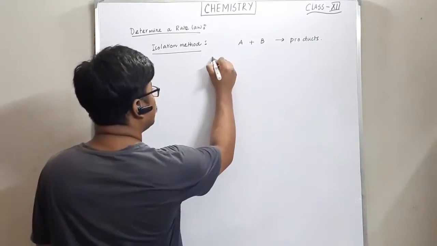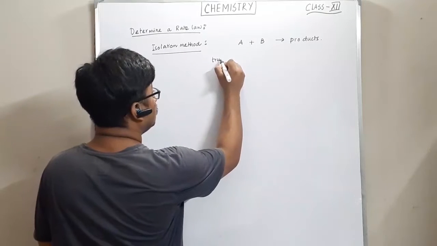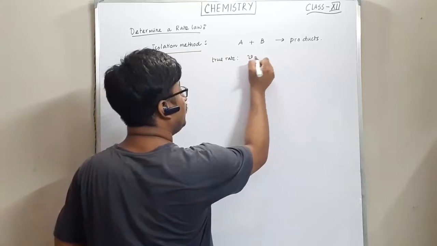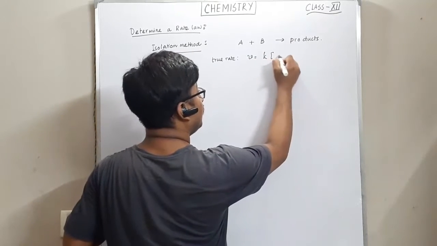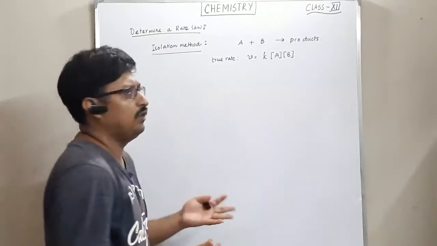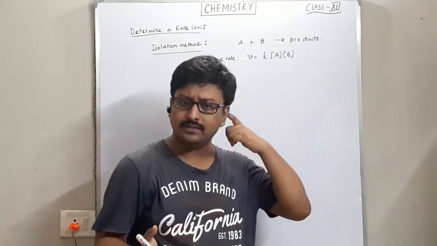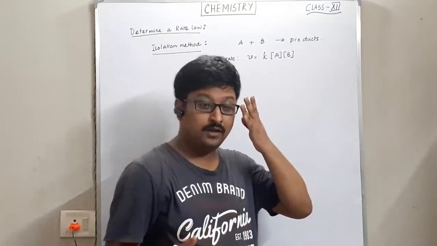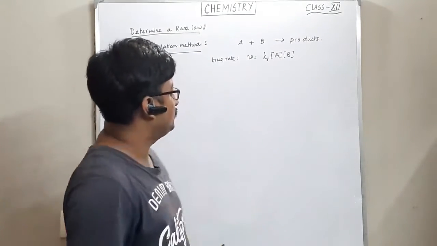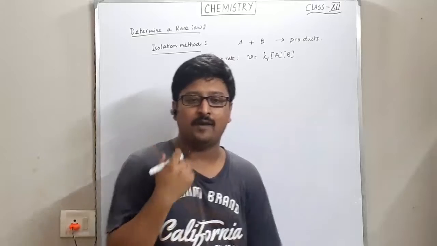If we talk about the true rate law, V is basically k_r concentration of A into concentration of B. This is a true rate law, has to be. Let's say k_r for little beautification.